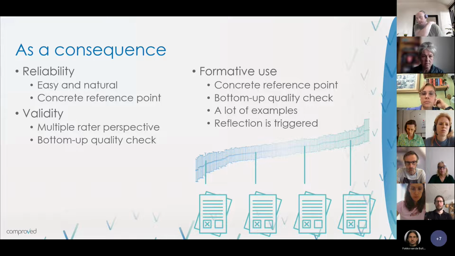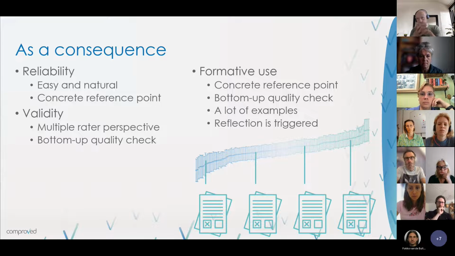And the same is true for formative use. As students have a concrete reference point, it's easier for them to grasp the difference between those two texts instead of comparing it to a very abstract rubric, which leads to a lot of different interpretations and so on.